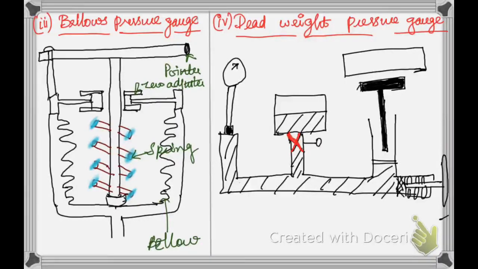So this is my oil reservoir. You can see a valve here. So this is my valve. Completely the system will be full of air-free oil. Pressure will be gradually increased from the pressurization chamber. So you can see this is my pressure gauge, or I can say this is the gauge under test.